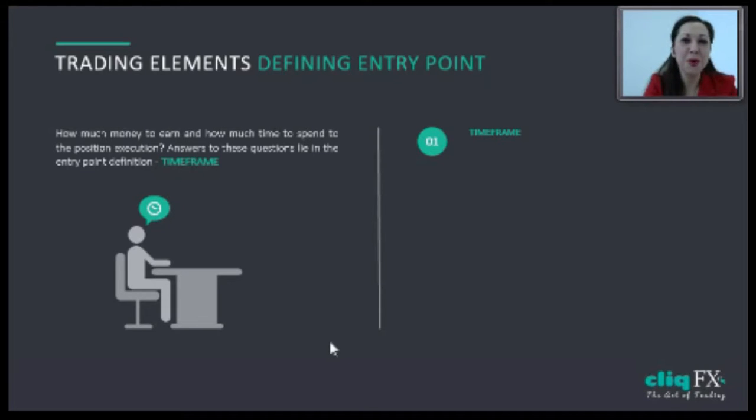But remember the fact that the bigger the time frame, the bigger the risk you're facing. And as for practice, as a rule, we give variations of entry points in our education course, because it's a very extensive topic. And of course today I'm going to share some small bit of information with you.